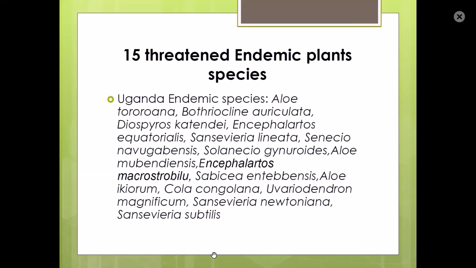As I said before, we have 15 threatened endemic species of Uganda.